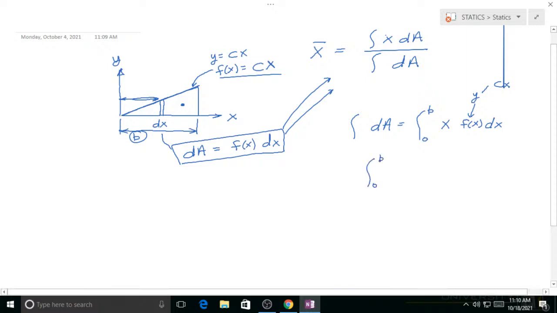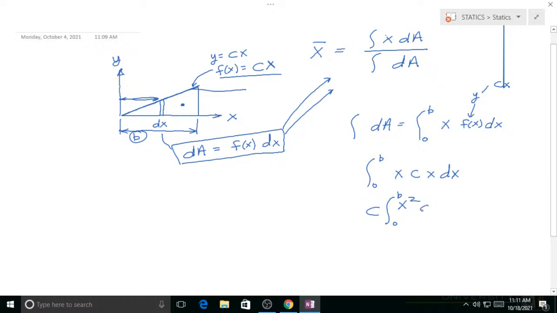So if you integrate this thing, you get x, c, which is the slope of this line, and x dx, looks kind of weird. So you can take the c out, and if you integrate that thing, okay, well let me do it one more time.